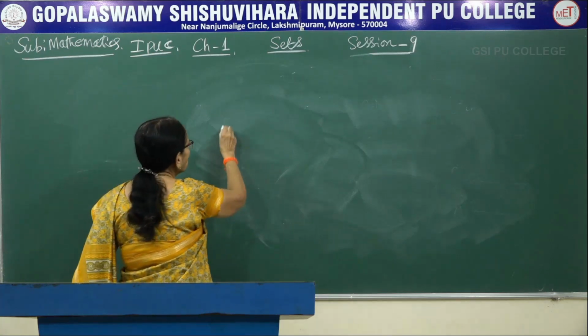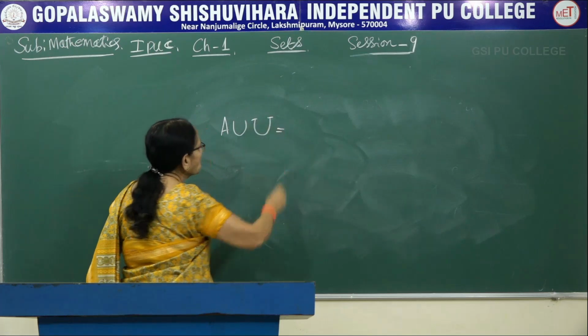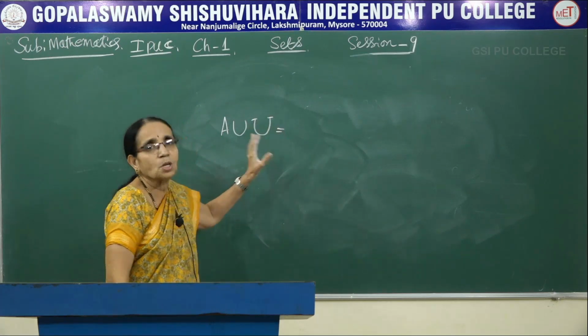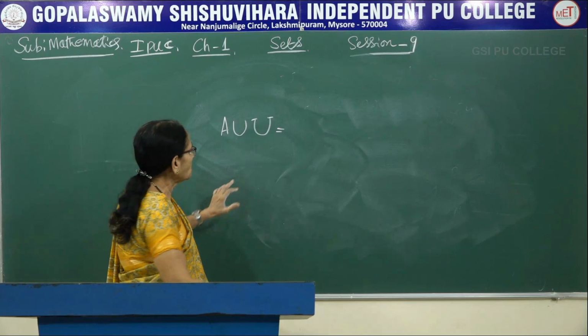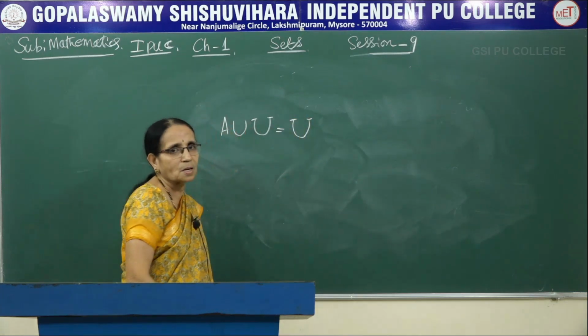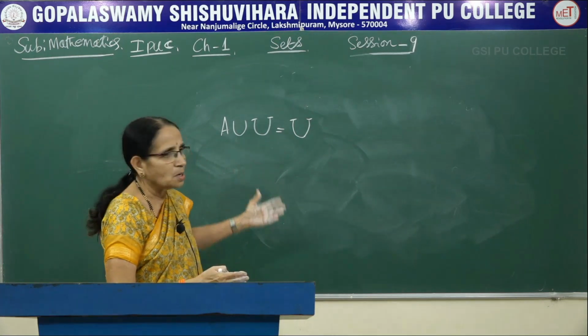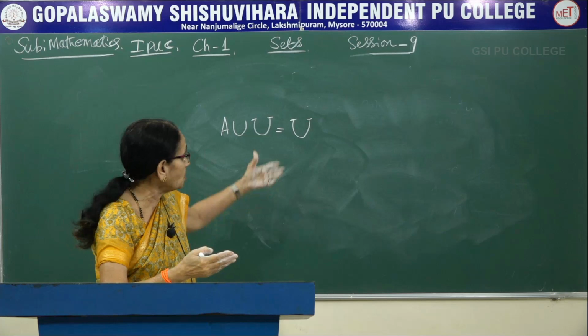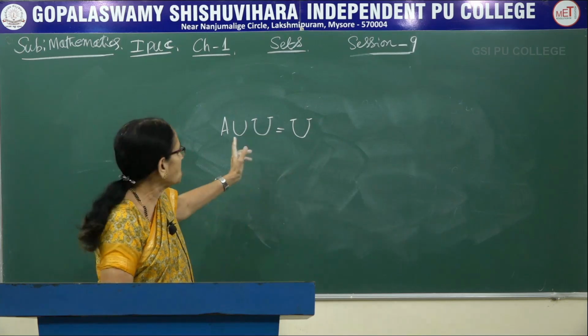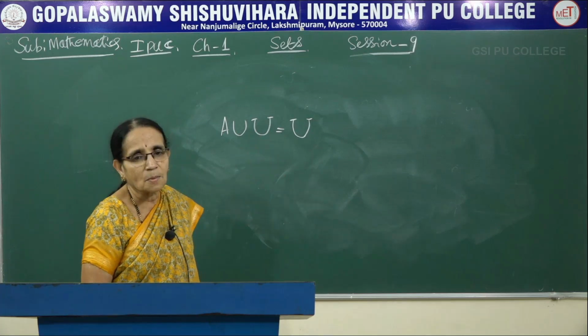Similarly, suppose you consider the universal set. A union universal set. Because A is a part of U, when you take the union, we get back the universal set only. Therefore, A union U would be U itself.